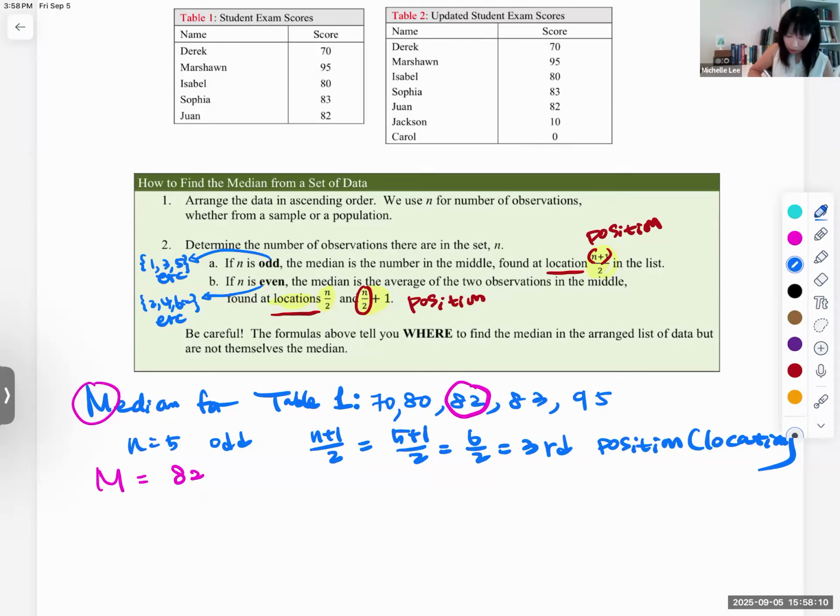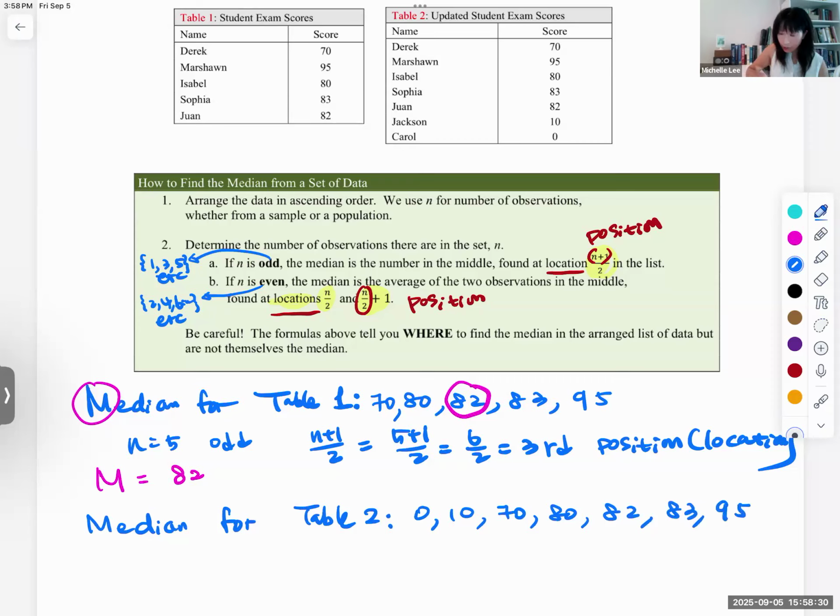So the median for table 2. Then 0 first, then 10 second: 0, 10, 70, 80, 82, 83, 95. So n has changed to 7.